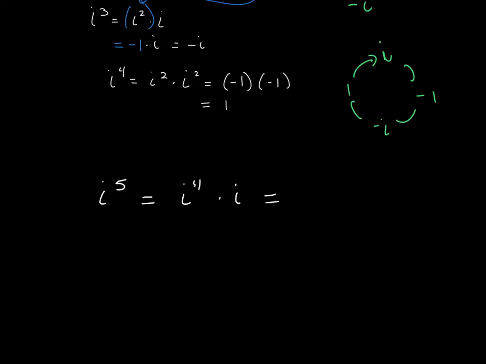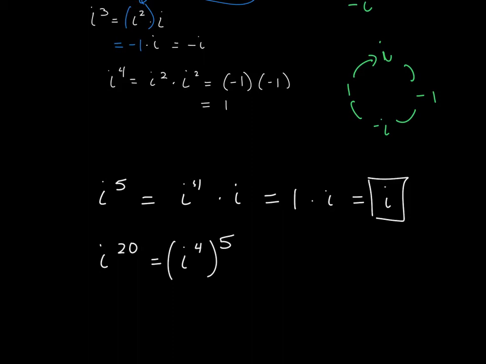So that's the same thing as saying 1 times i, or just i. This goes for any larger number that you have. Let's say it was i to the 20th. That is the same thing as saying i to the fourth, and I raise that to the fifth power.